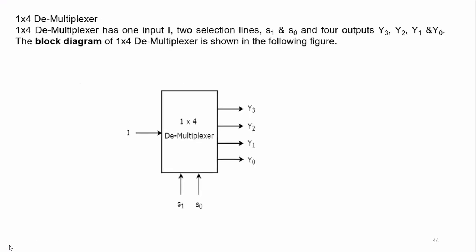Now see the block diagram, opposite of multiplexer. In multiplexer, the left side had many lines and the right side had a single line. But in demultiplexer, the left side has a single line and the right side has many lines.